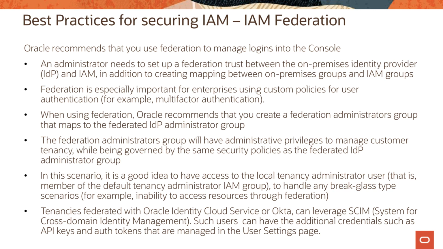But after that relationship is set up, any person in your company who goes to OCI console is prompted with that single sign-on experience that is provided by the IDP, and the user can sign in with the login password that they have already set up with the IDP. The IDP is then going to authenticate the user, and then the user is then able to access OCI.